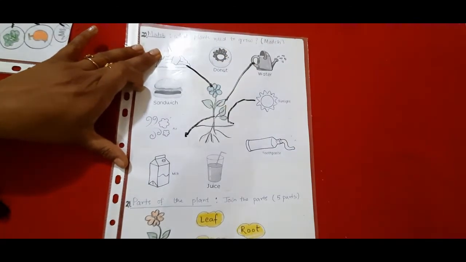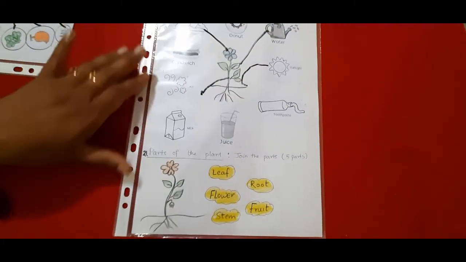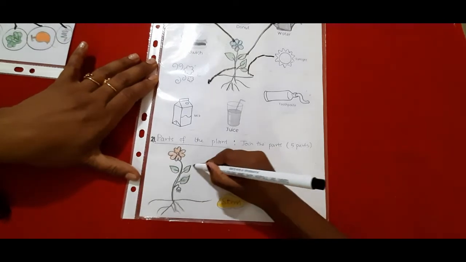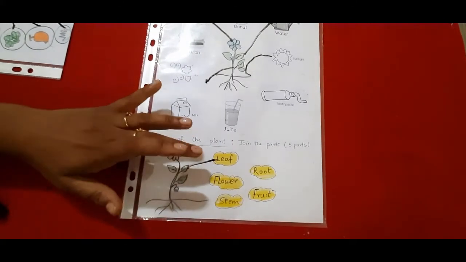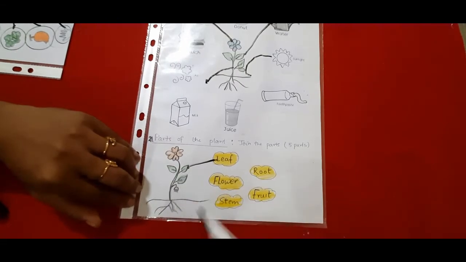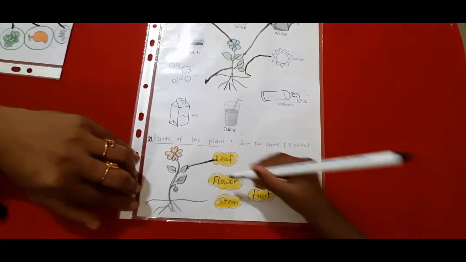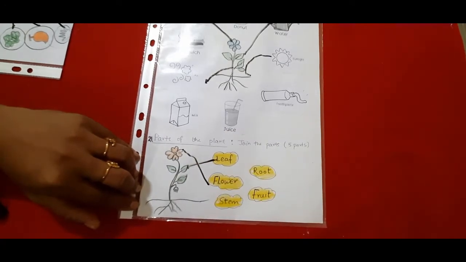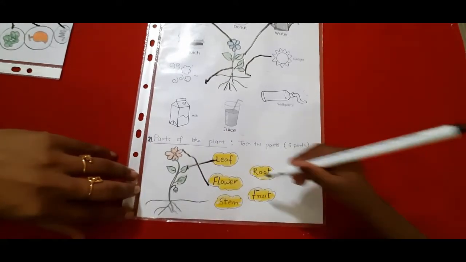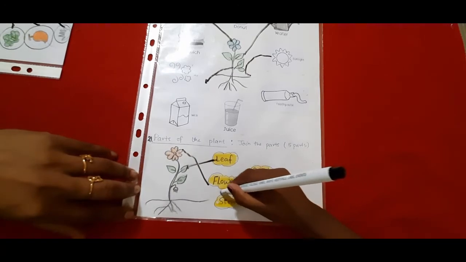Good job. Done? Okay, and the last one. What is this part called? Parts of the plant. Leaf. Very good. Next. What is that part called? Flower. Very good. Next. Roots.